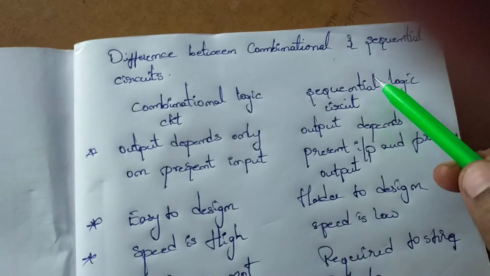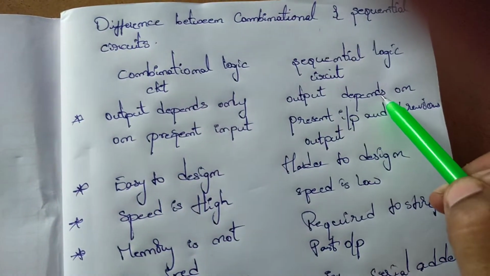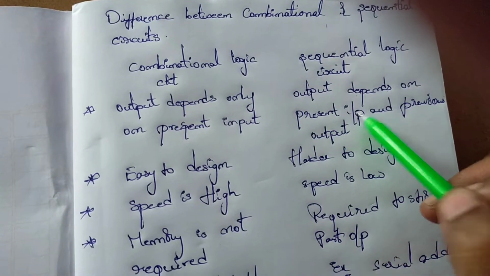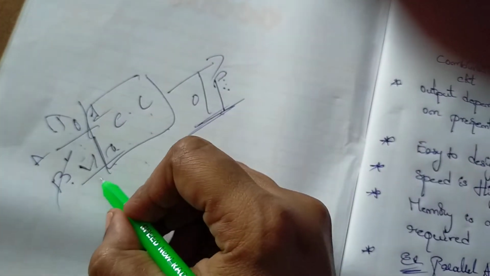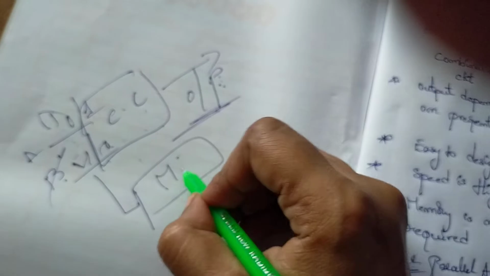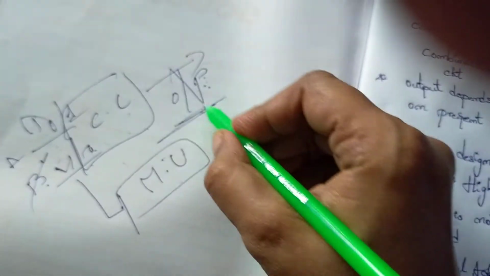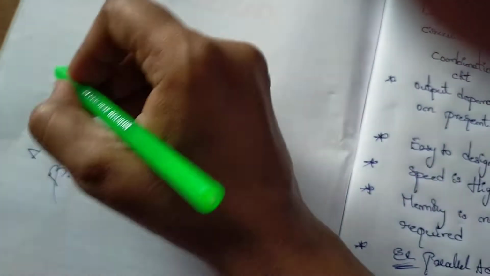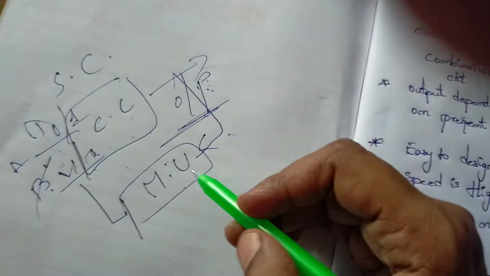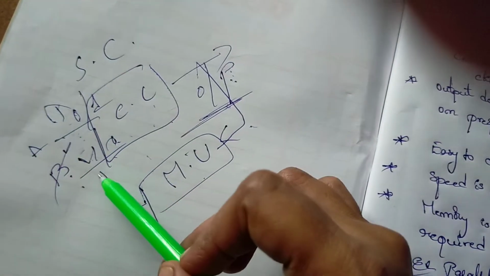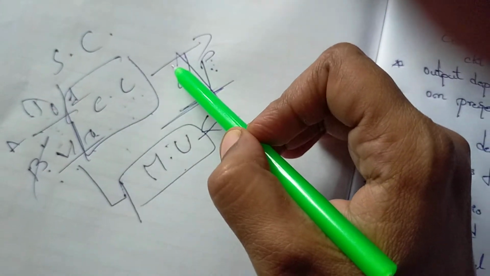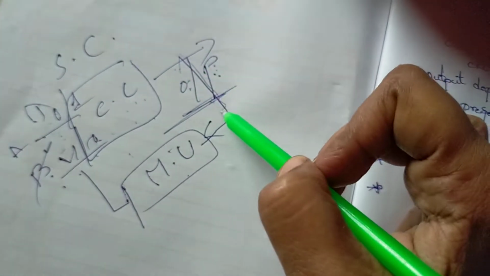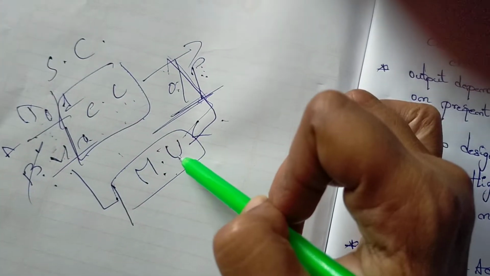But in sequential circuits, output depends upon the present input and previous outputs. This is the block diagram of a combinational circuit. By adding a memory element or memory unit to this circuit, it is known as a sequential circuit. When we apply A and B inputs to this combinational circuit, the output appears here, and this output is connected to the memory unit.